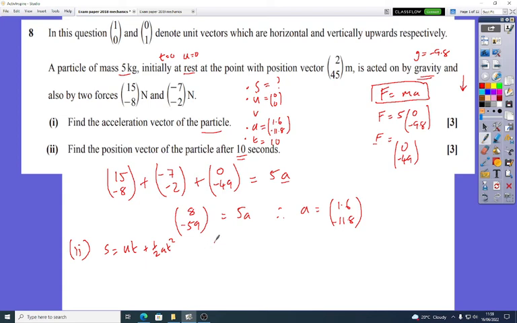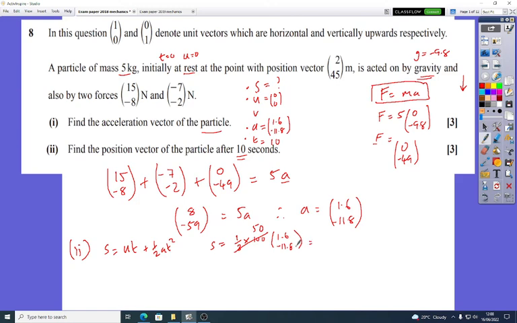So S is going to equal, well, that's going to be 0. 0 times 10 is just 0, so that's going to go. This one's going to be half times 10 squared, which is 100, multiplied by this vector. So that's going to give me 50.